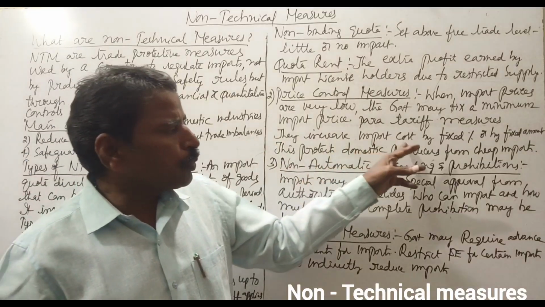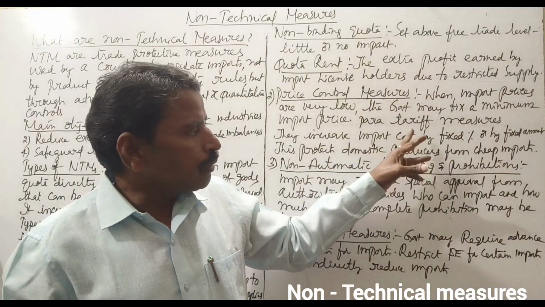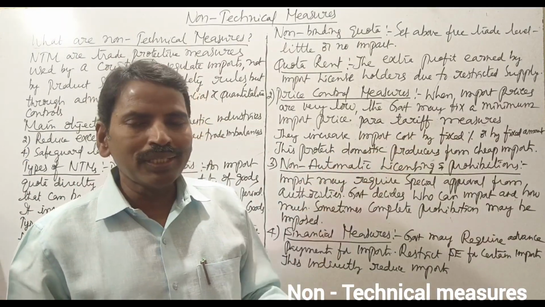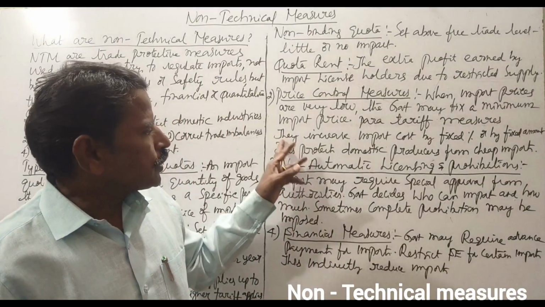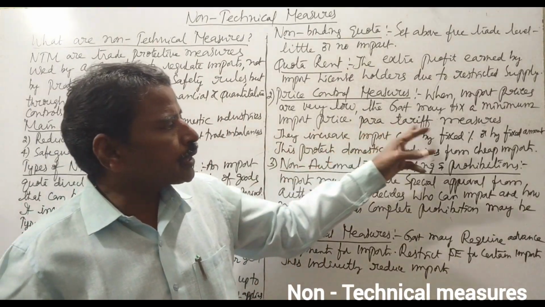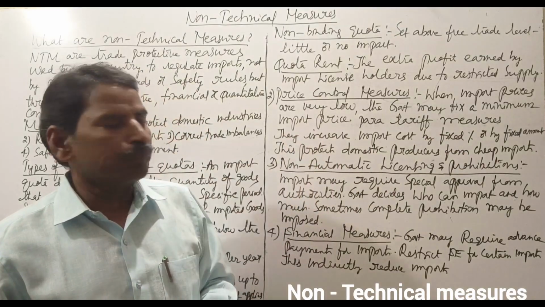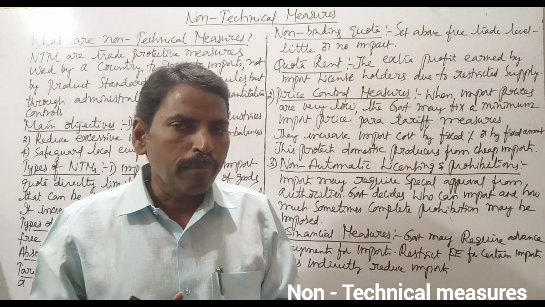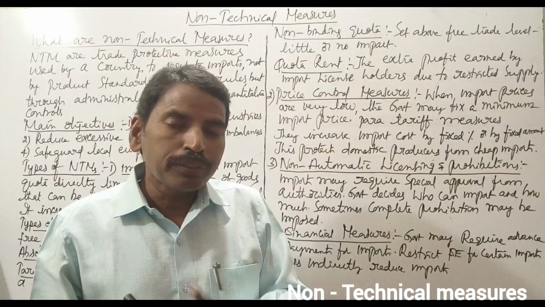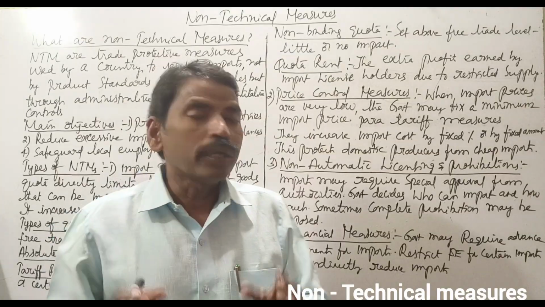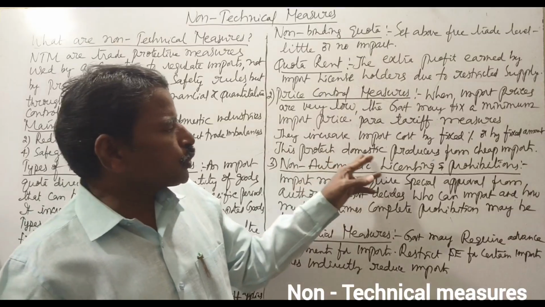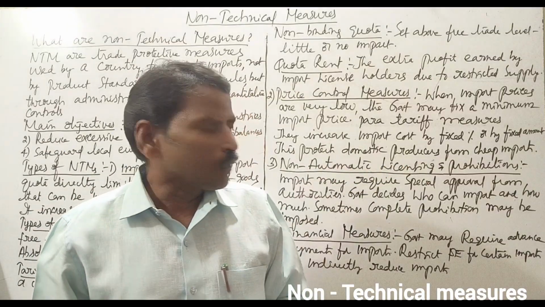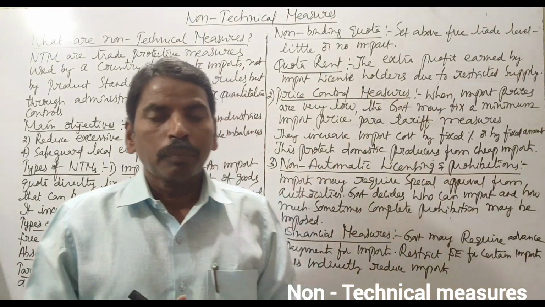Para-tariff measures increase import cost by a fixed percentage or by a fixed amount. They protect domestic producers from cheap imports.